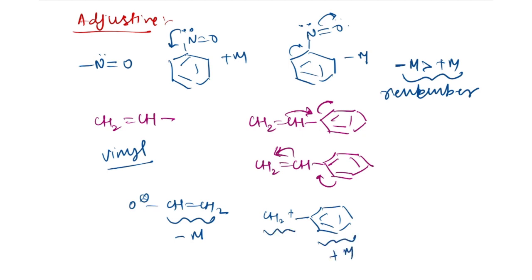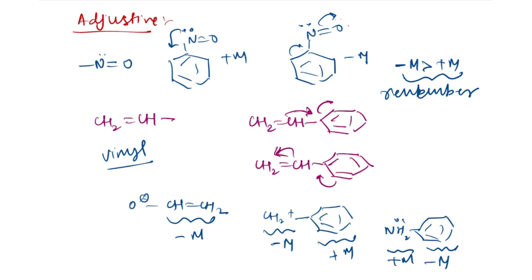So whenever the group is not mentioned, it is a relative term. Plus M and minus M is a relative term. We have NH2 and we have the phenyl ring. So it has a plus M effect and it has a tendency of minus M effect. Again, plus M and minus M is a generalized and relative term. If we have mentioned any group with respect to benzene, we will talk about that group.